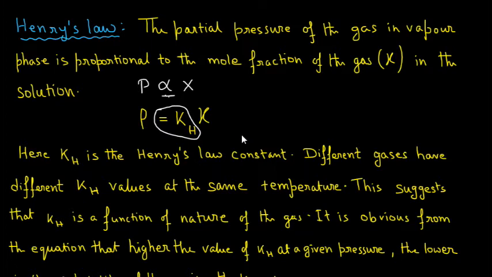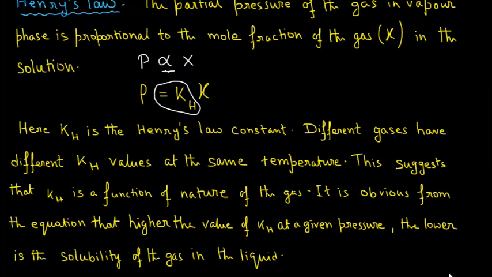Different gases have different KH values at the same temperature. This suggests that KH is a function of the nature of the gas. It is obvious from the equation that the higher the value of KH at a given pressure, the lower is the solubility of the gas in the liquid.